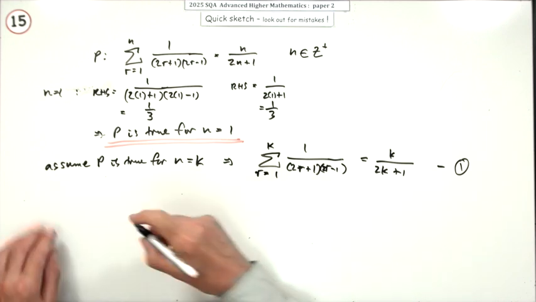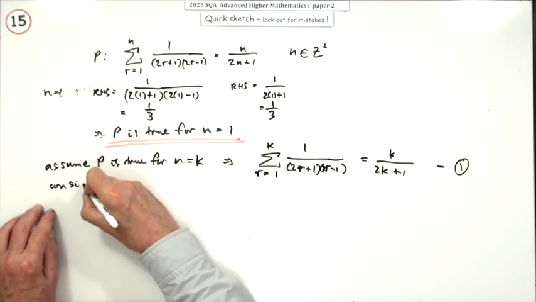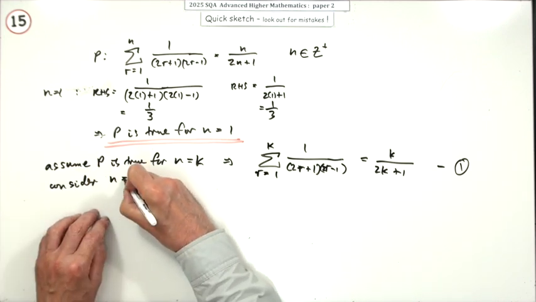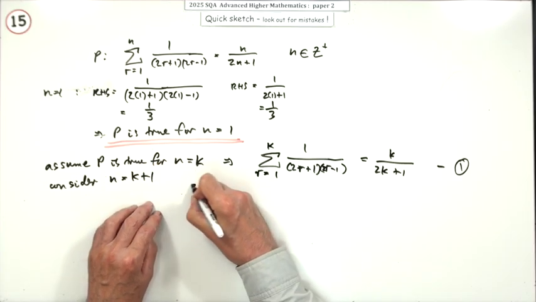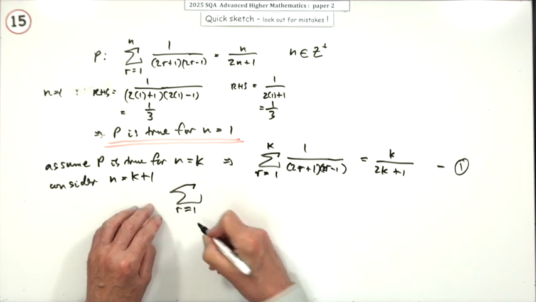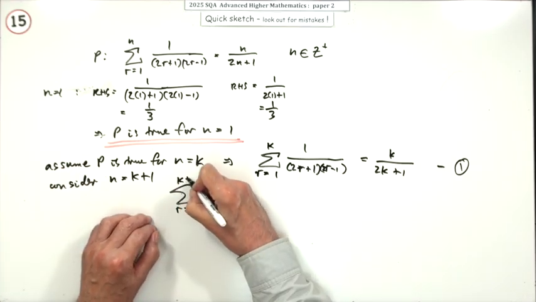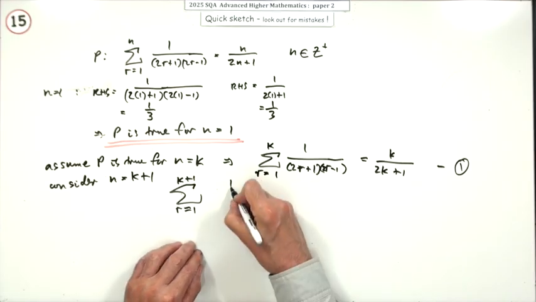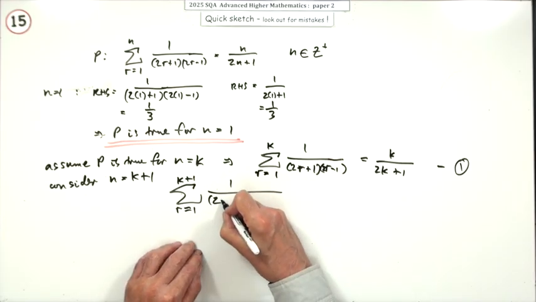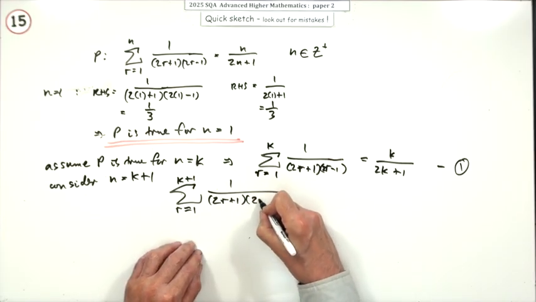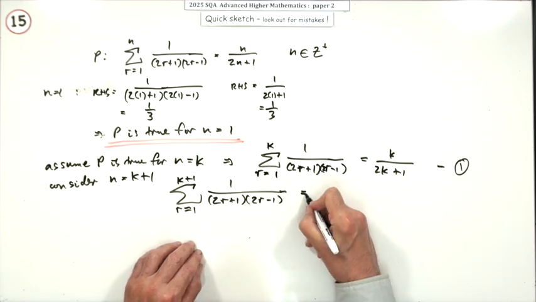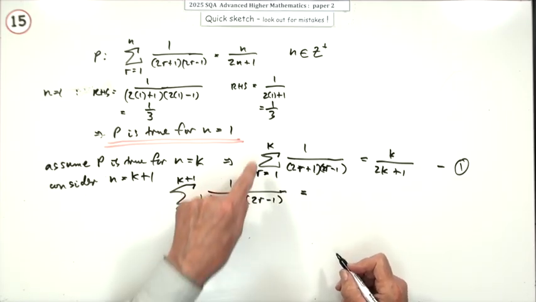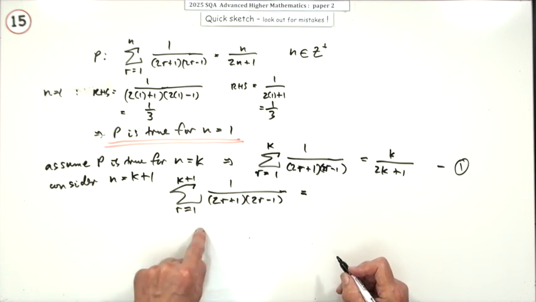Now we're going to consider this. What about n equals k plus 1? What would happen for that if that were true? Well, if I was to go as far as k plus 1 of that same expression, 2r plus 1, 2r minus 1, that would be equal to the previous one, because that's just a sum of terms.